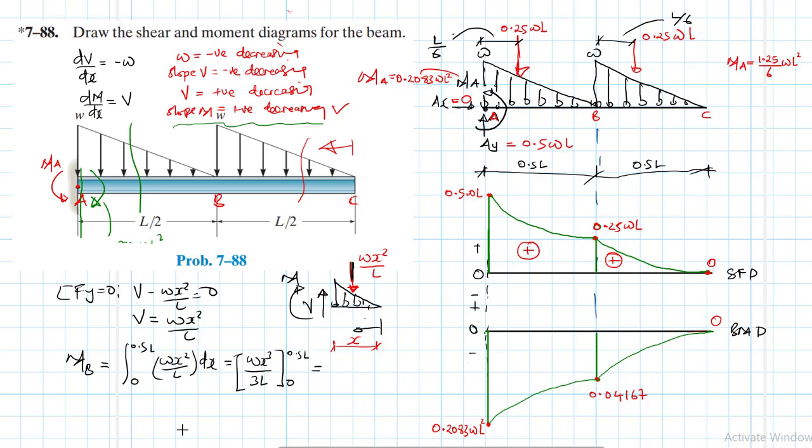And this gives us 0.5 cubed divided by 3, which gives us 0.04167. Of course, here there is WL squared. So it gives us the same value.